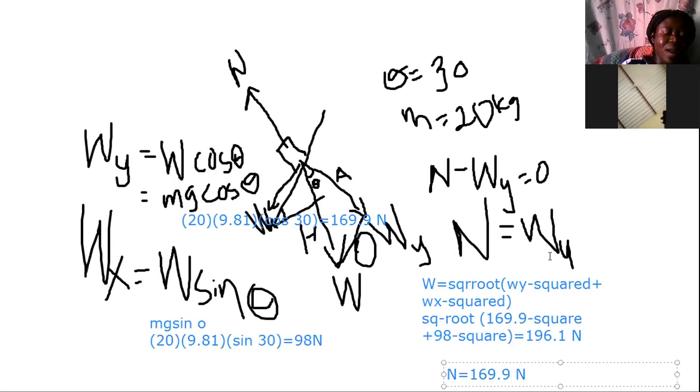Okay, perform 169.9 squared plus 98 squared, then take a square root. I'm getting 196.1.